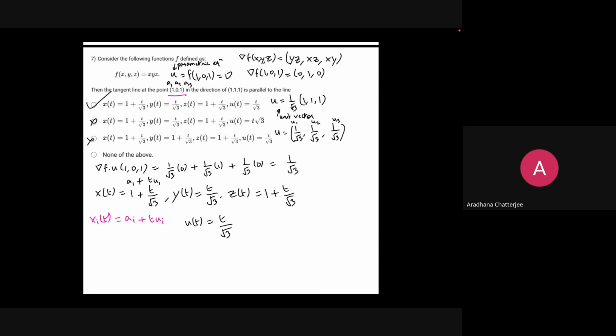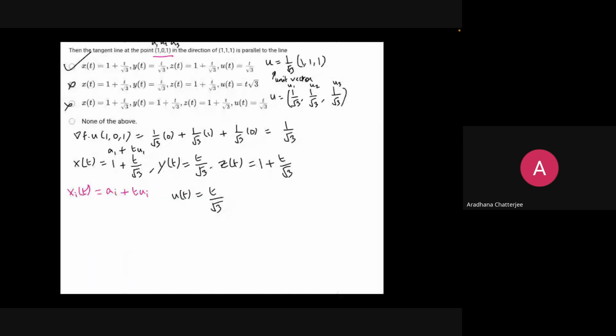Okay. So as you saw here in the previous example and the one that we saw just now, the process is exactly the same. It's just that based on the number of variables you have plus one. If the number of variables is 3, then you'll have 4 parametric equations to find.